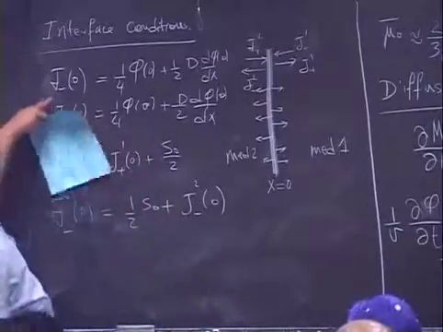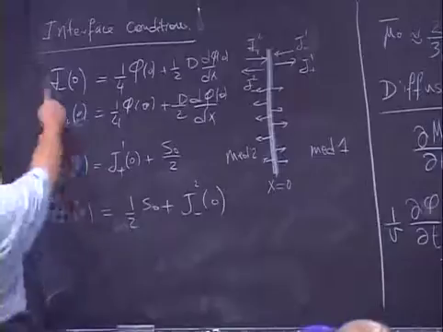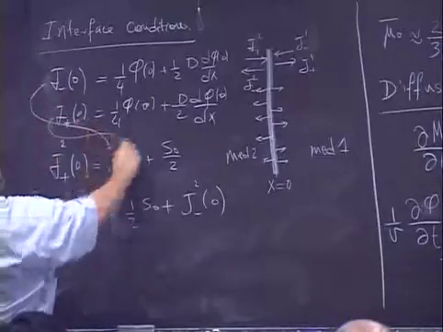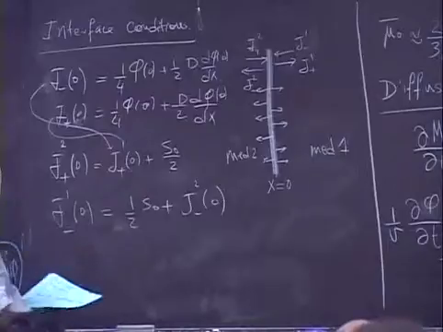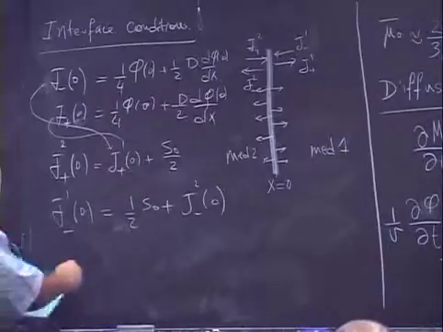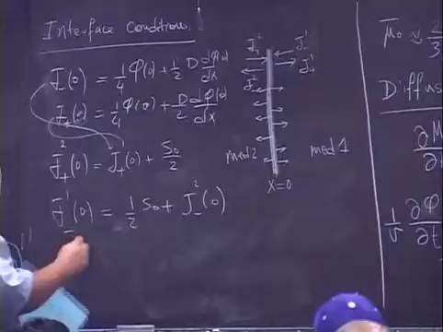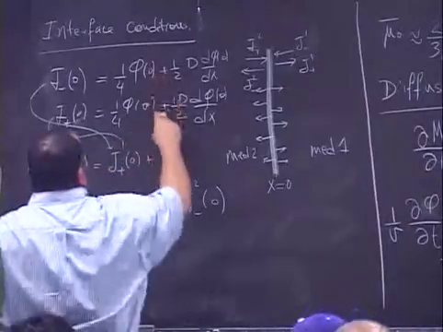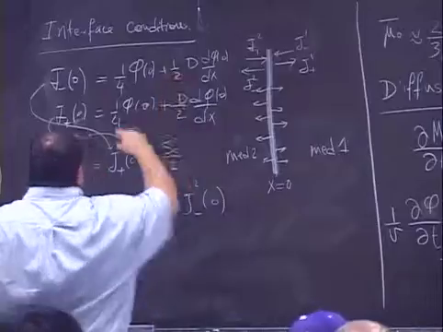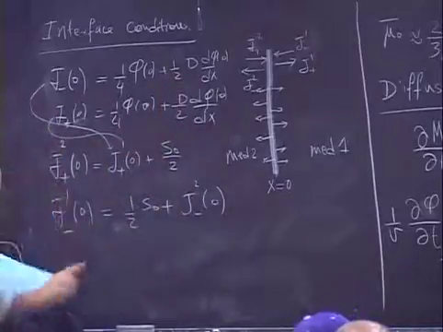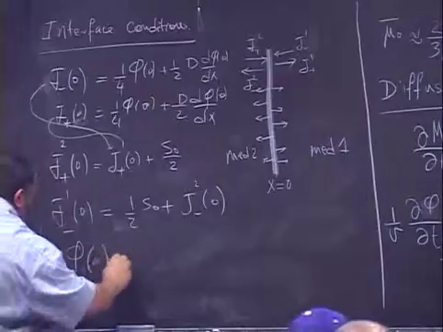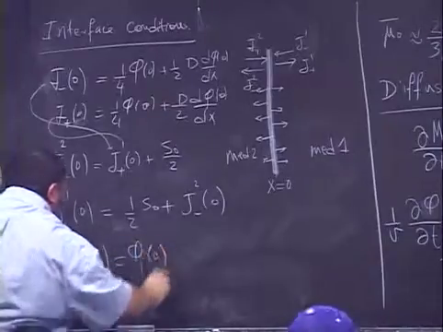So if you apply those two here, you take J minus and J plus and substitute, when you add and subtract, those terms will go out. You will notice that it will end up phi2 at 0 equal to phi1 at 0.